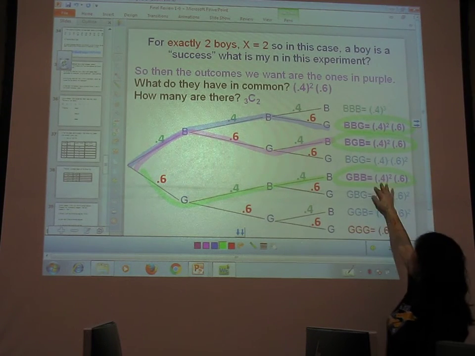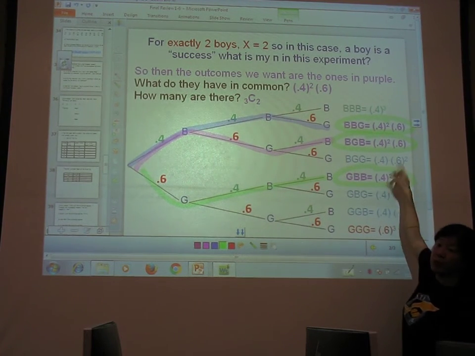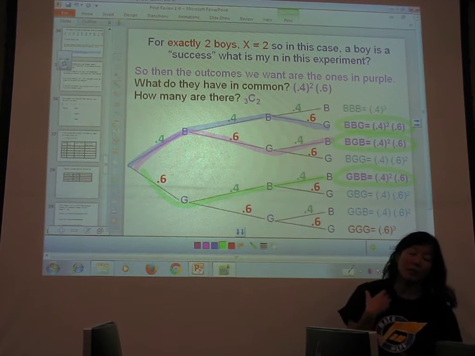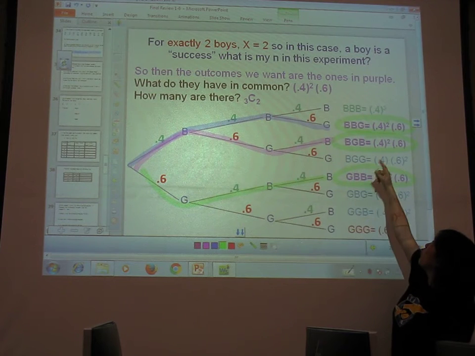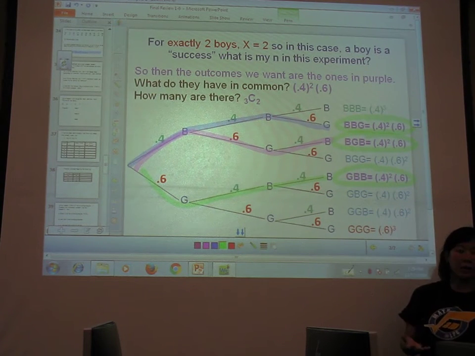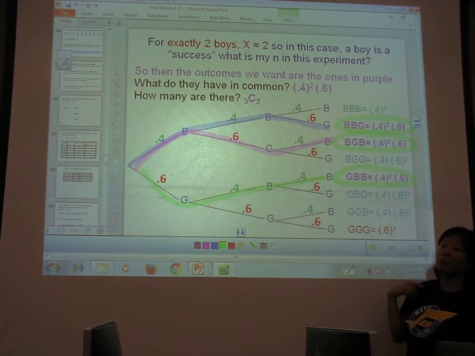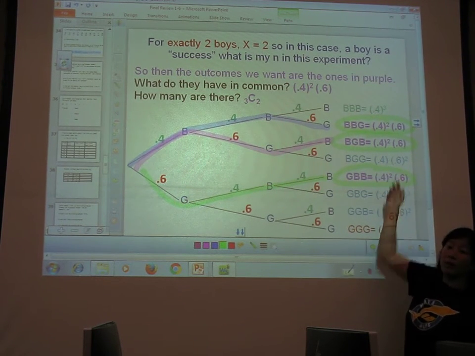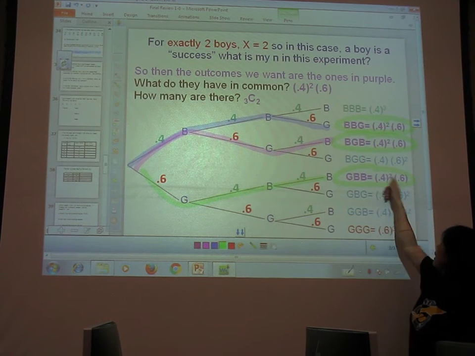That's always going to be true, and this number is the same for all three of them. Normally I could compute each way and add them, but since they're exactly the same, I can just find this and multiply by 3.